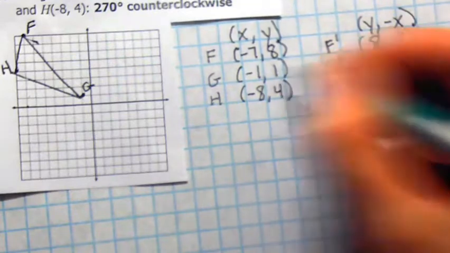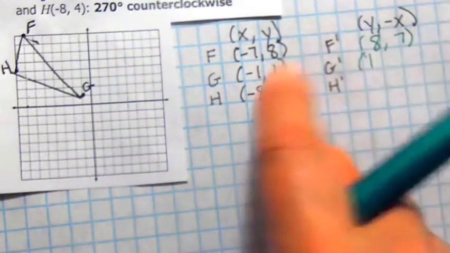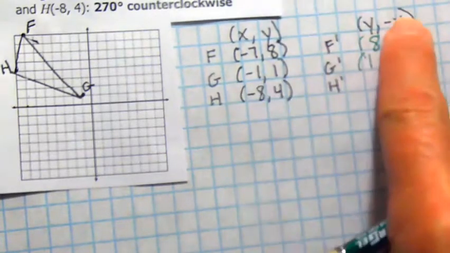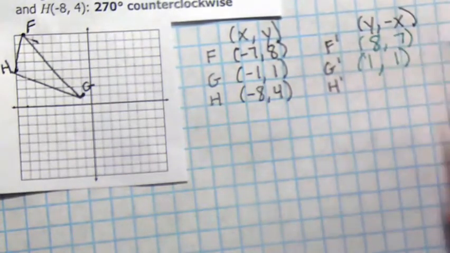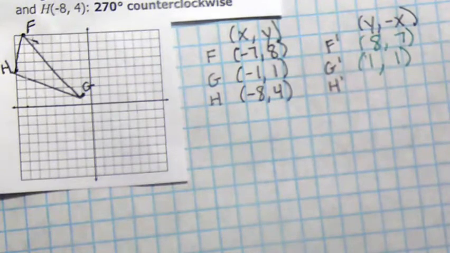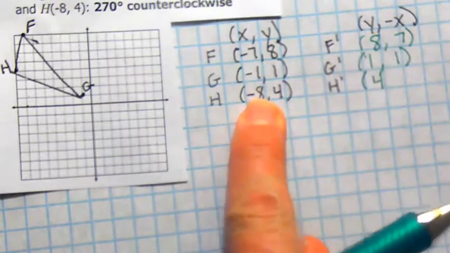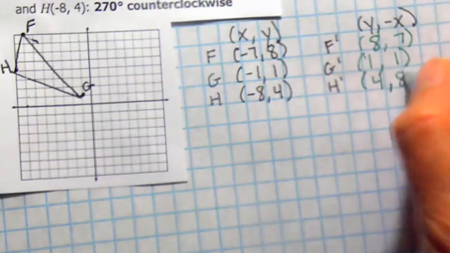Flip-flop, the 1 goes in the first place, and then the x that was -1 becomes the opposite, +1. Flip-flop, 4 goes in front. -8 becomes the opposite, and it's 8.